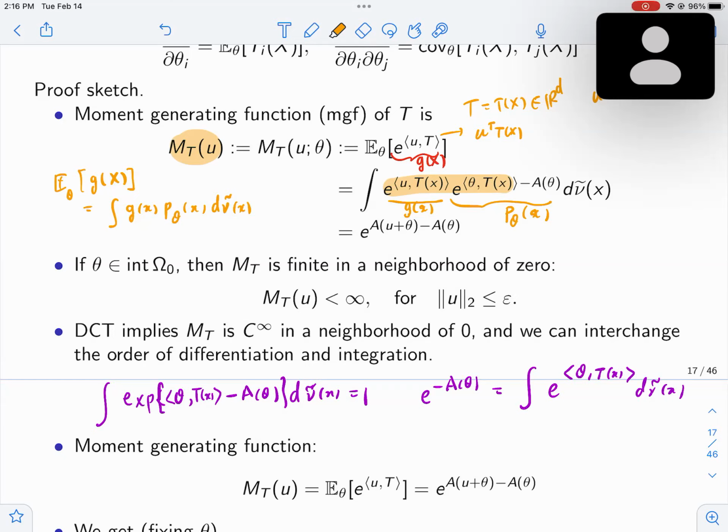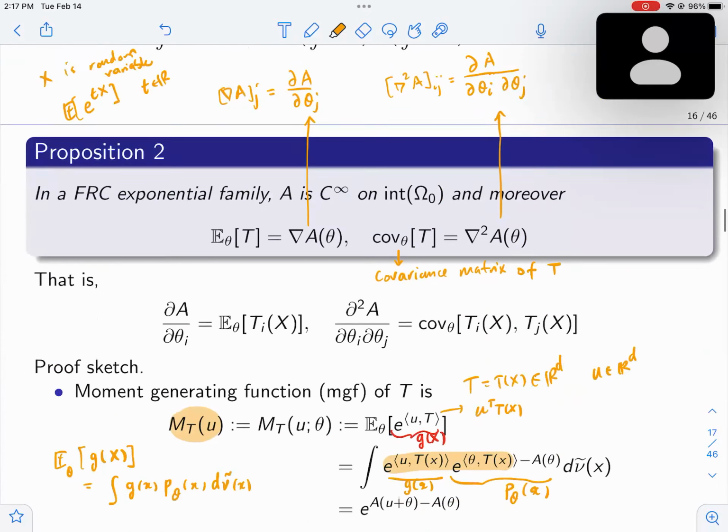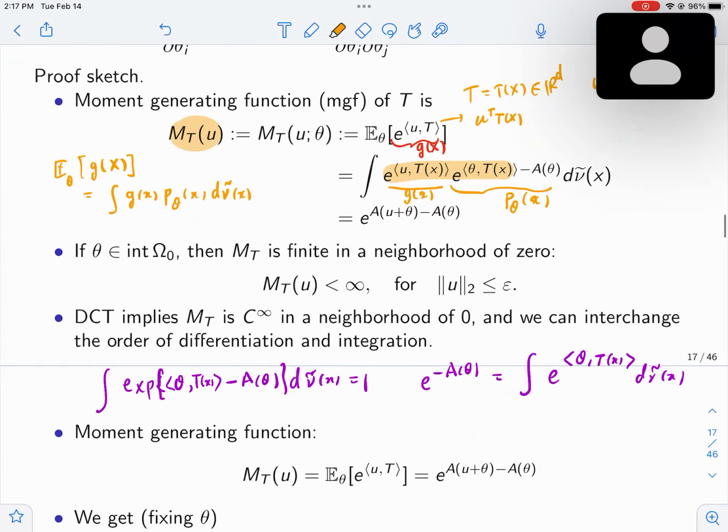Questions so far? Yes. One question. This would be like getting the new measure, the d nu tilde? Yeah. I just had this h of x which I'm putting there.